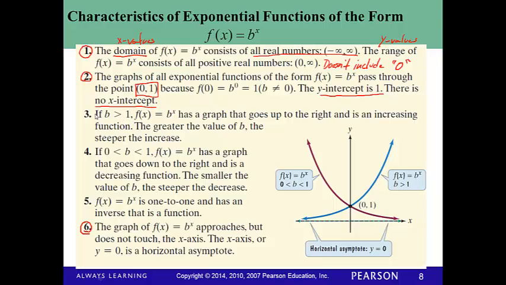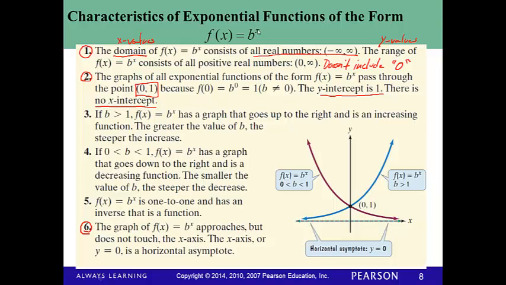And then I'm going to let you read through 3, 4, and 5. And let me skip down to number 6. The graph of f of x equals b to the x approaches but does not touch the x-axis. The x-axis, or y equals 0, is a horizontal asymptote. That's basically saying you will never get 0.